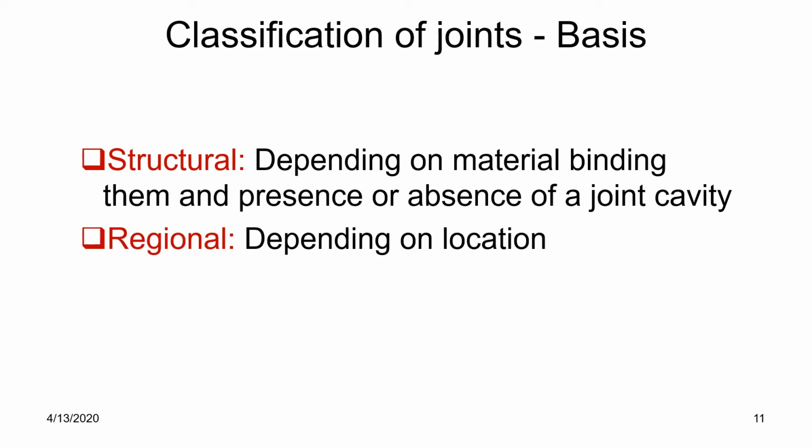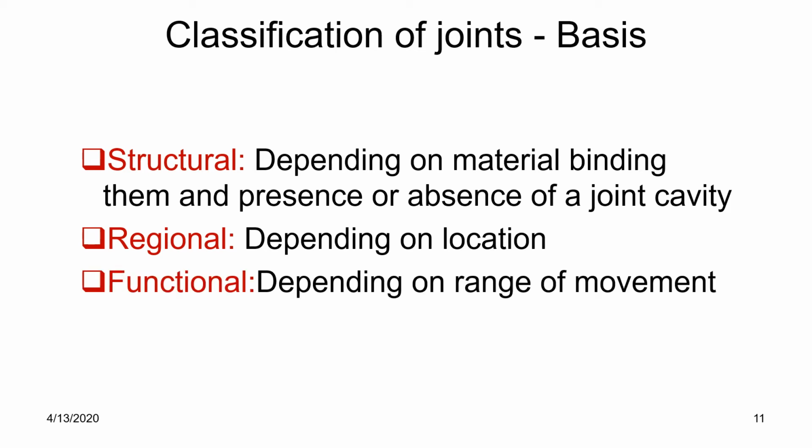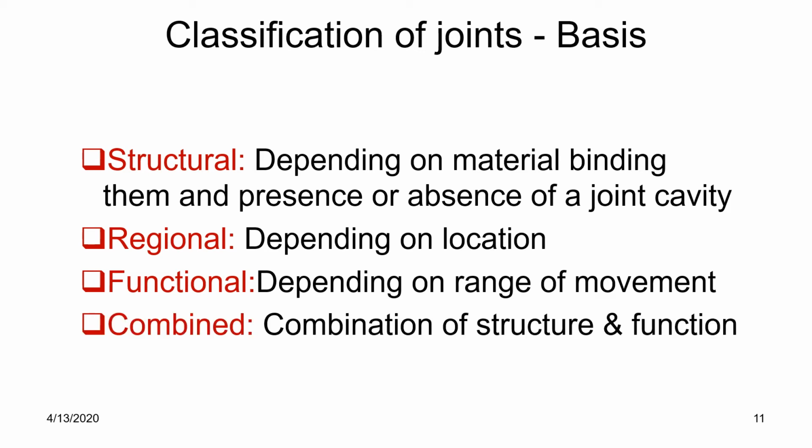Then the regional classification, depending on the location of the bone. The functional classification, depending on the range of movement. And a combined classification, where a combination of structure and function is taken into consideration.